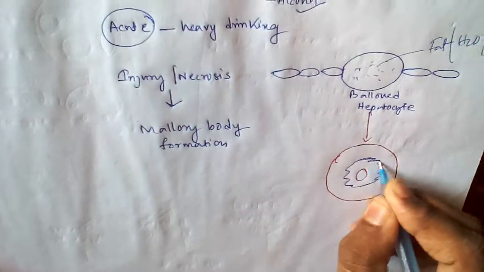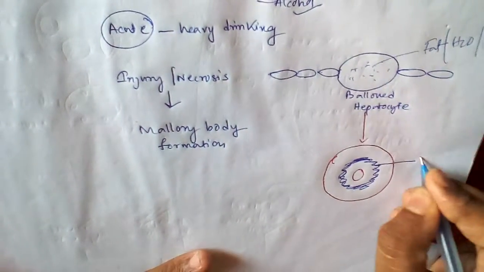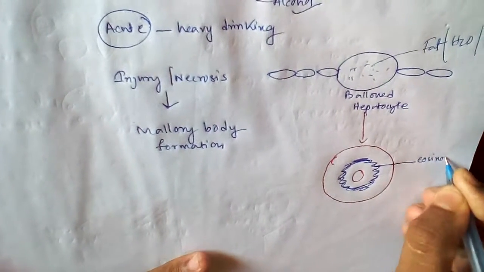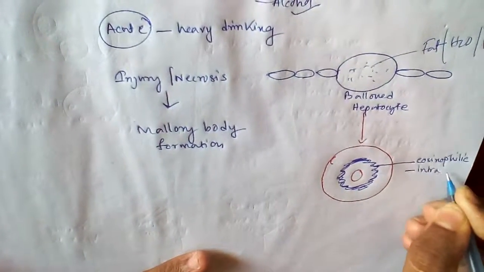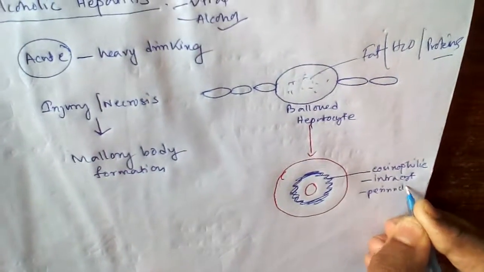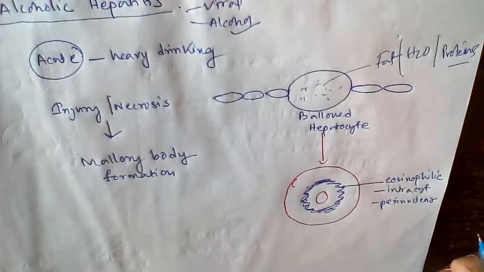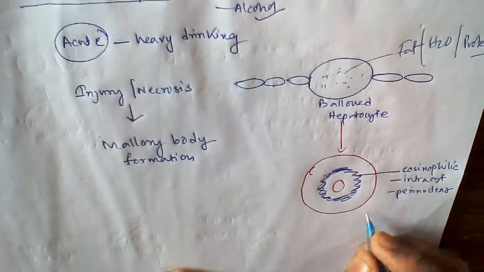Now remember that these Mallory bodies will occur only in the ballooned hepatocytes. These are perinuclear, meaning surrounding the nucleus, perinuclear, found within the ballooned hepatocyte.